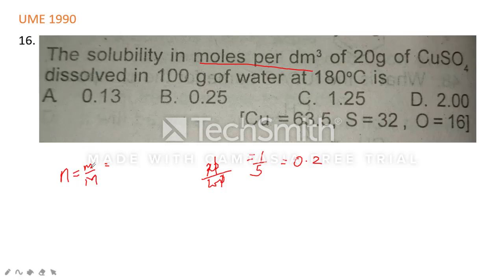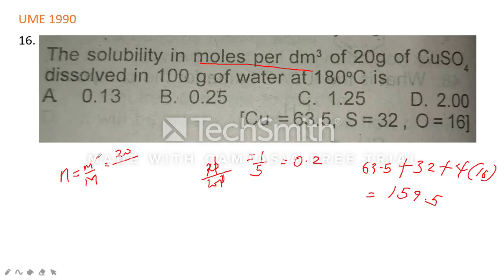So the mass is 20 divided by the molar mass. The molar mass is 63.5 plus 32 plus 4 bracket 16. So let me quickly figure that out on the calculator. 4 times 16 plus 32 plus 63.5 will be equal to 159.5.